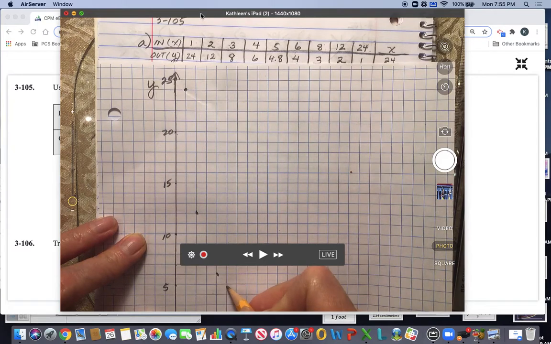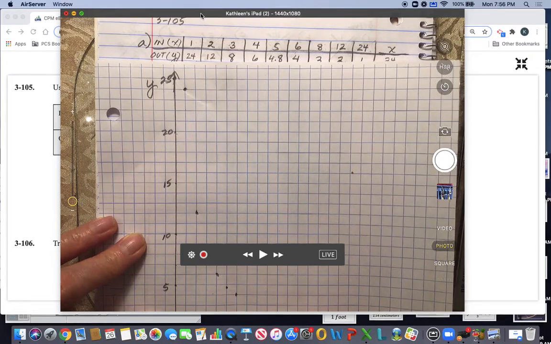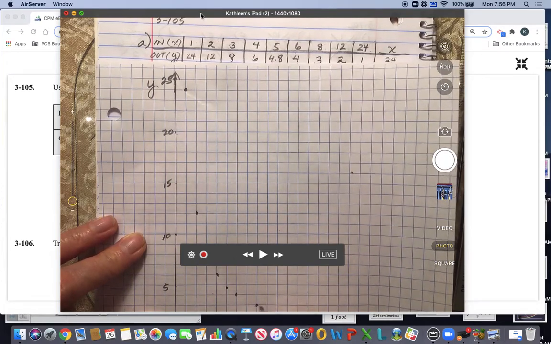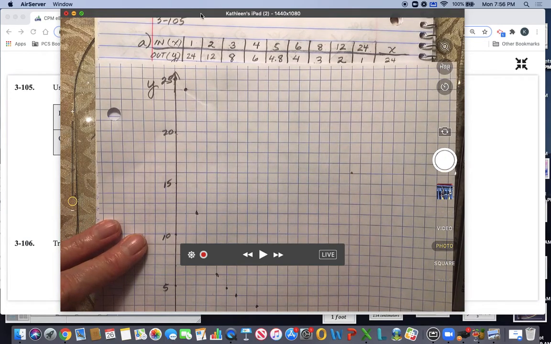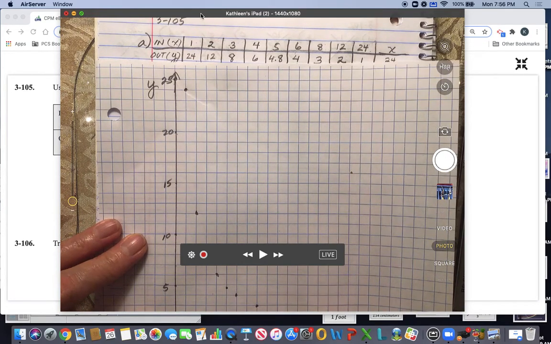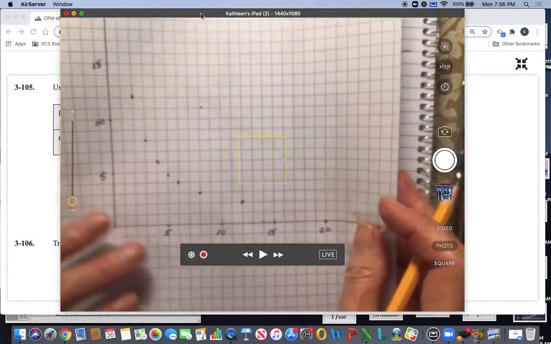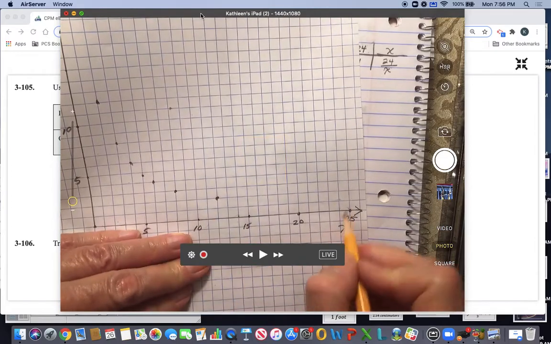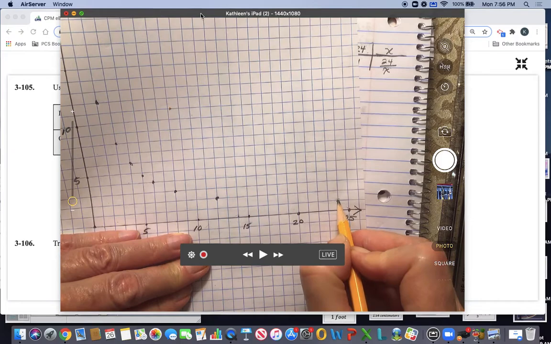So that's right about there. And then we start going back in the other direction. 6 is 4. And 8 is 3. And 12 is going to be 2. And 24, which is way over here. Oops, I'm off the chart. Okay, so 24, which is way over here, is going to be 1.